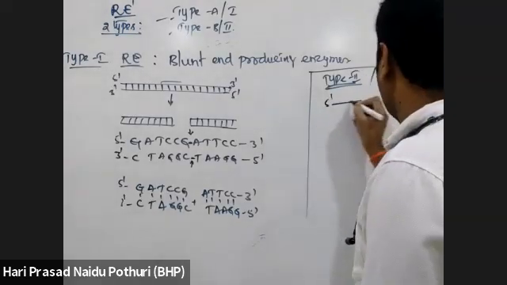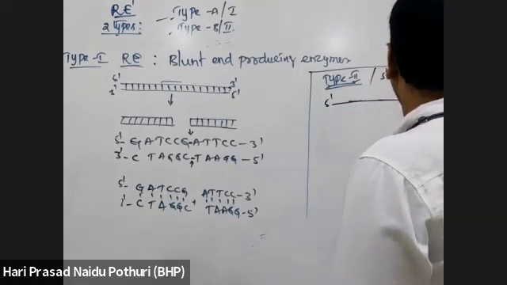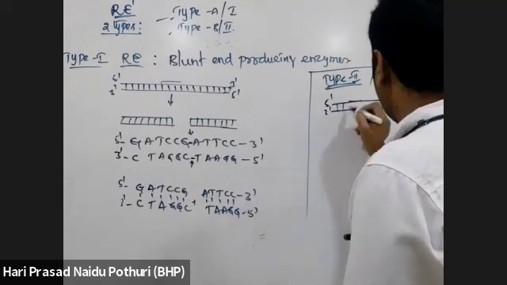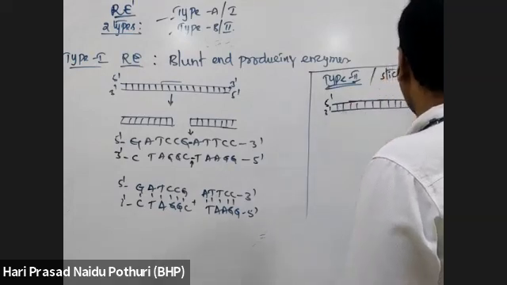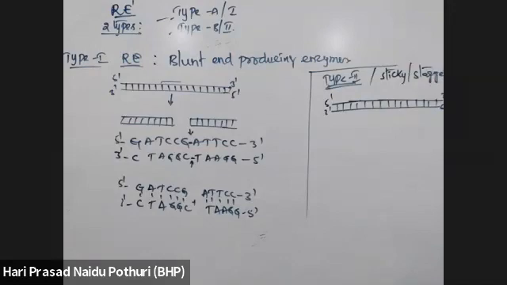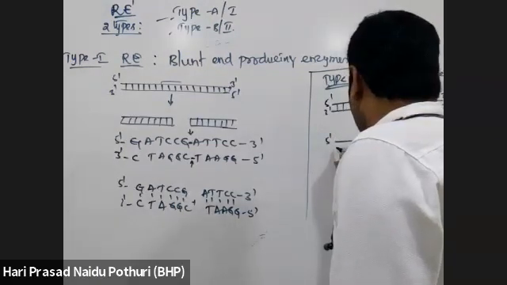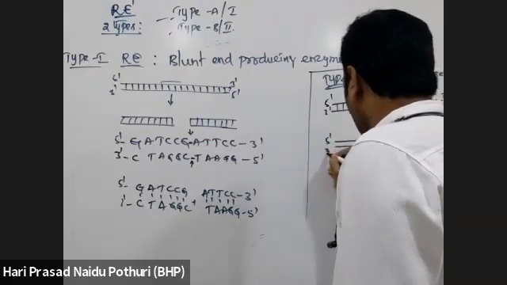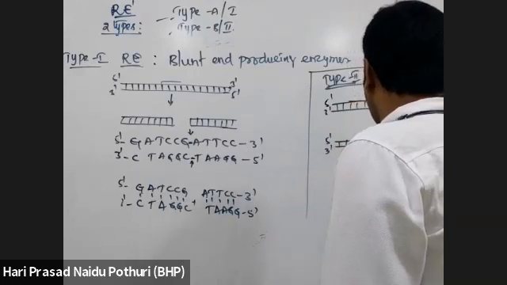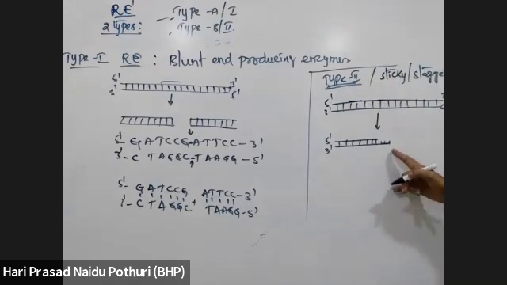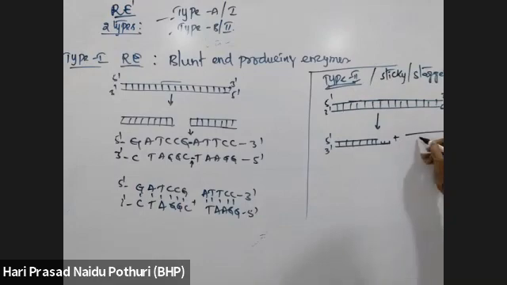If you take a DNA molecule where a long polynucleotide chain is there, when it breaks the polynucleotide chain into fragments by breaking the phosphodiester bonds, the two fragments formed have single stranded extensions. Like this, one fragment is made, another fragment is made like this.